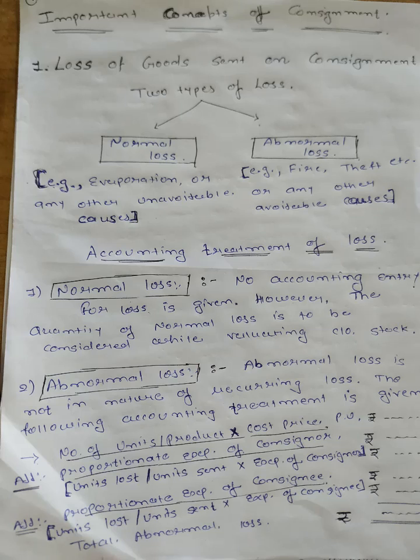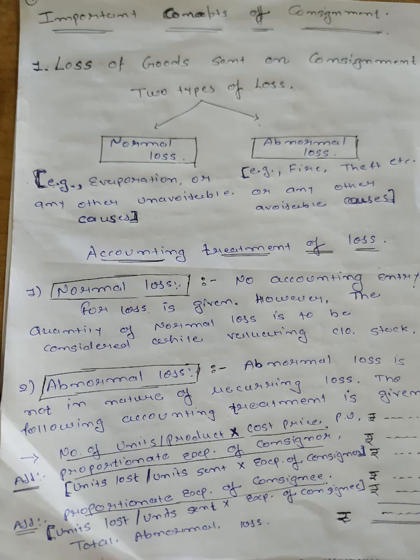You have to deduct the quantity of goods which are damaged or destroyed due to normal loss to find out the sellable quantity. And that sellable quantity will be used to evaluate your closing stock. Understand one thing, there is no journal entry, only the quantity of normal loss goods must be considered.